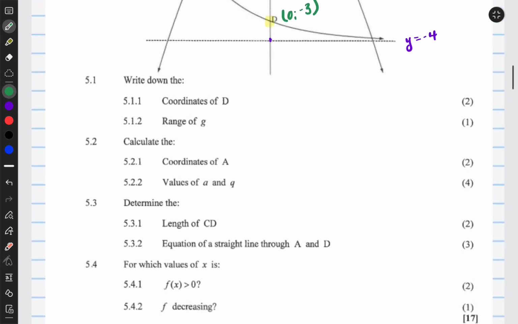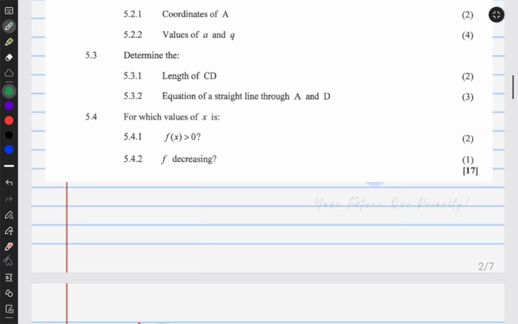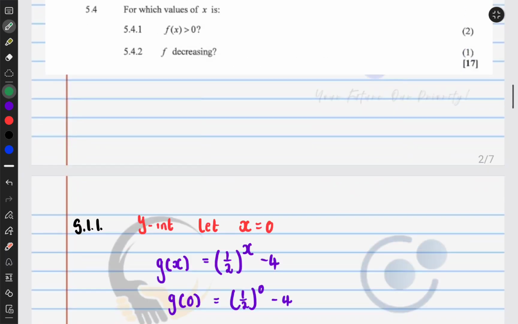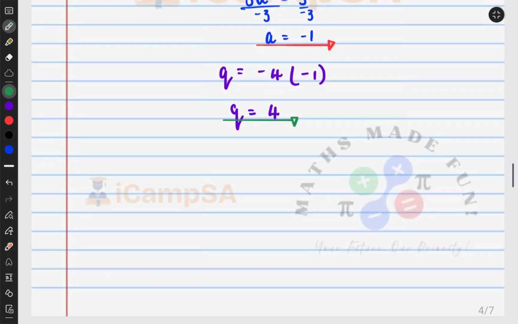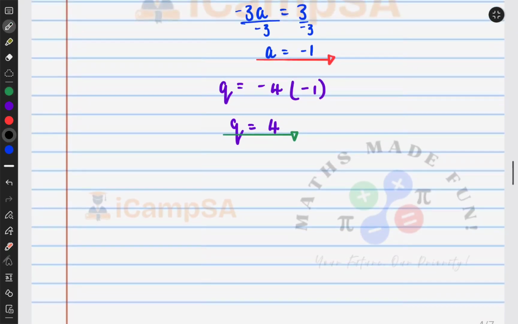Therefore, we can use those to calculate the length of CD, because CD is just a vertical line. So for 5.3.1, we're gonna say CD is equal to y of C minus y of D. What is y of C?